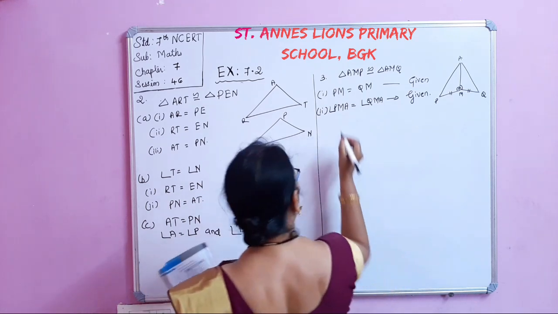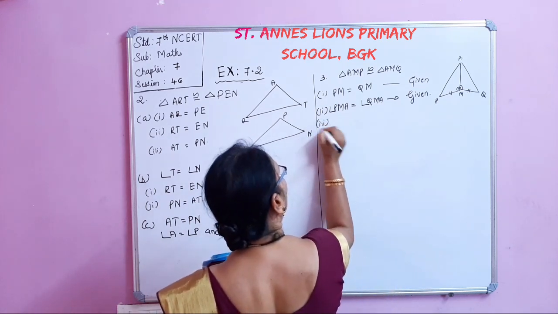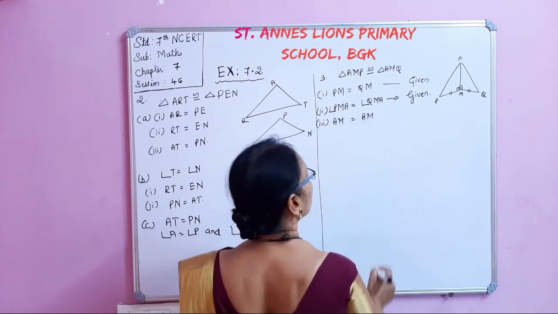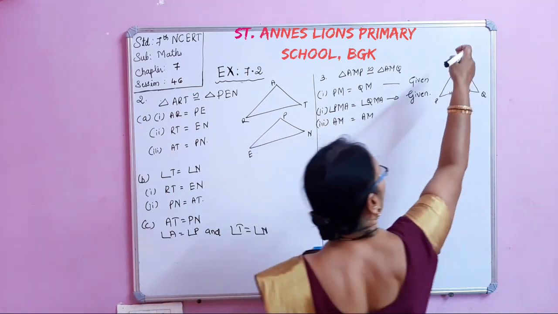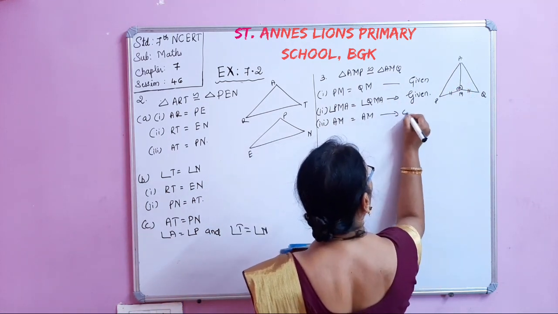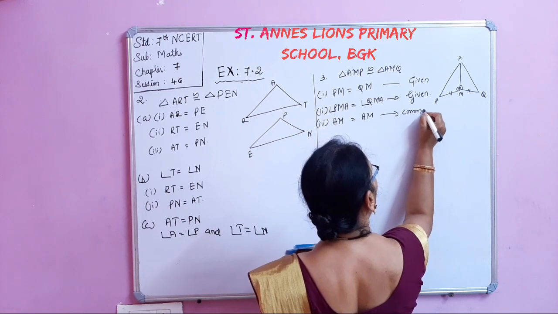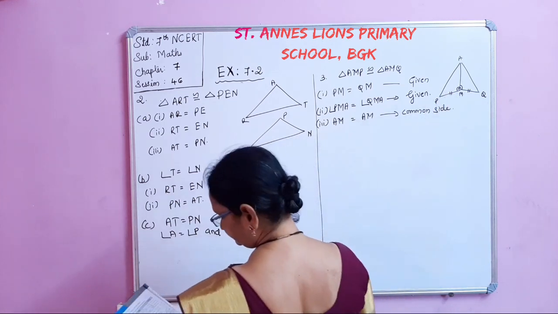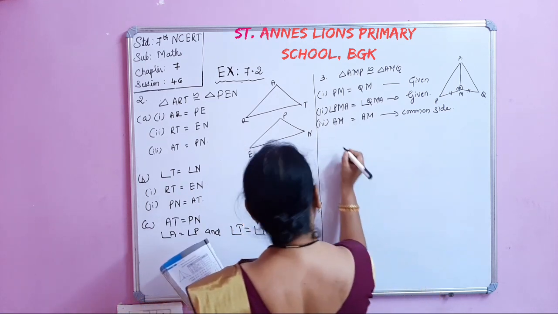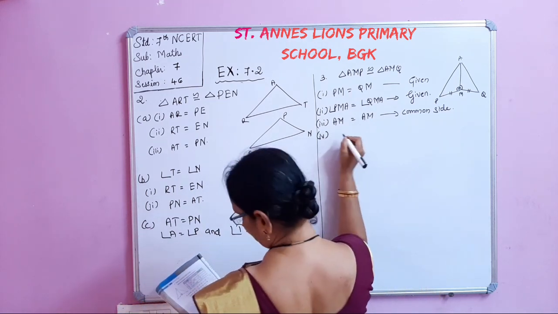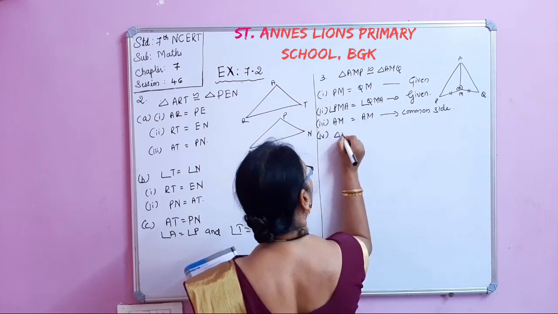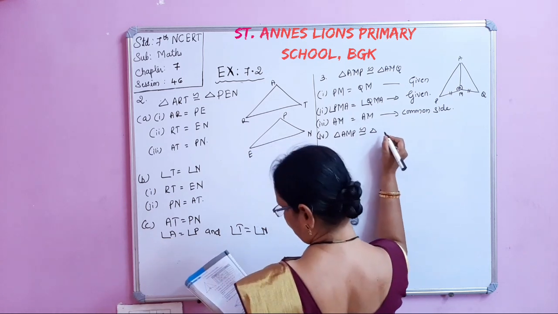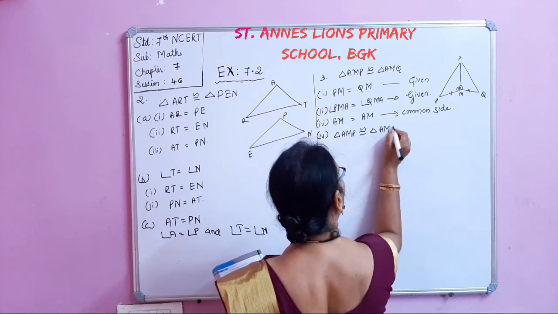Then third one, AM is equal to AM. That is a common side for both the triangles. Then fourth one, triangle AMP is congruent to triangle AMQ.